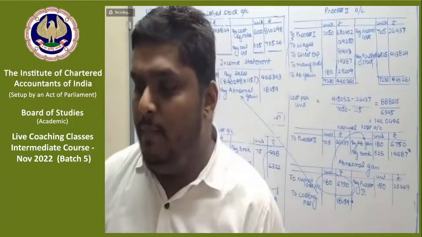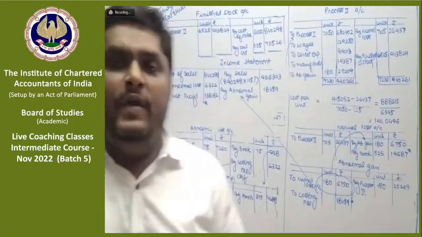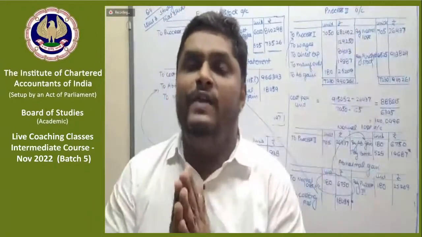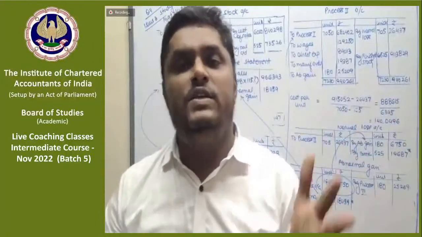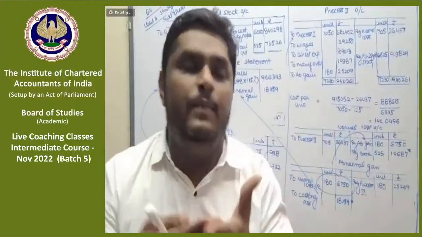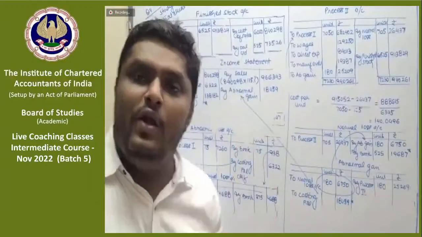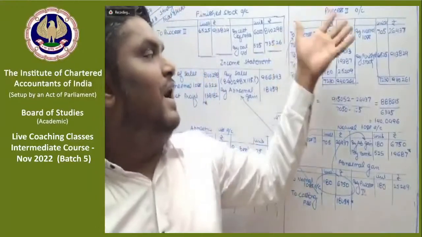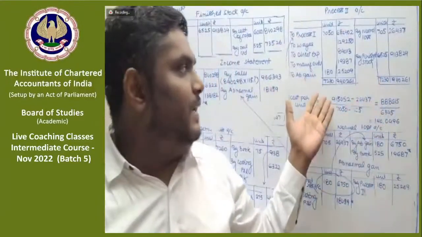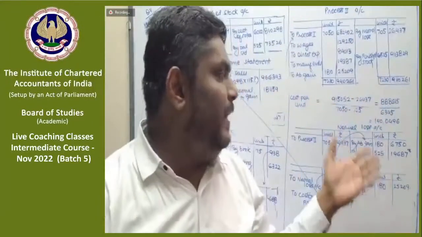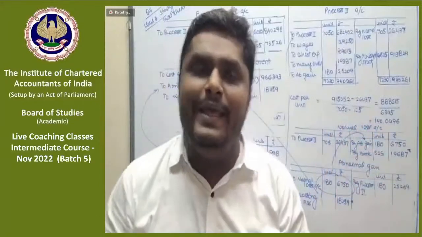So this is the complete question, wherein we revised what we discussed in the last session: the process first account, the abnormal loss account, and the normal loss account if there is an abnormal loss. Apart from this we discussed the process second account. Here there was an abnormal gain, so we prepared normal loss and abnormal gain accounts separately.